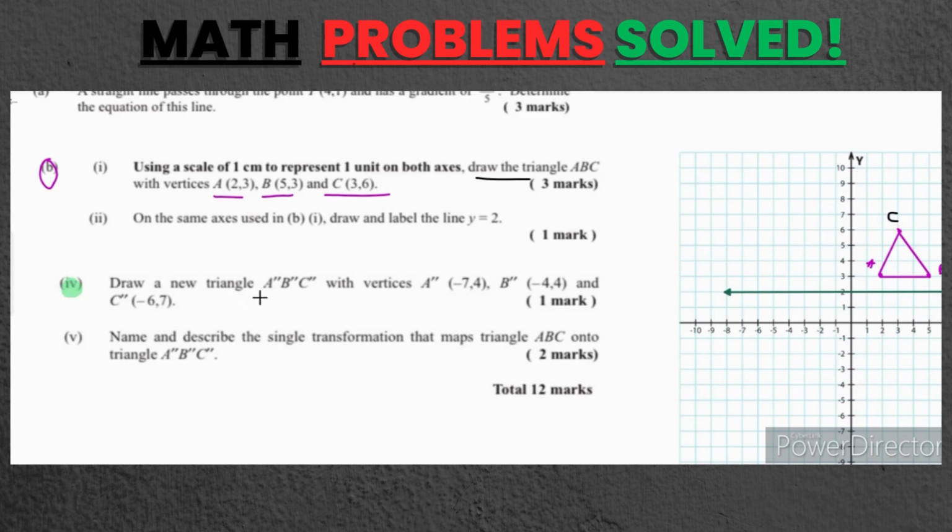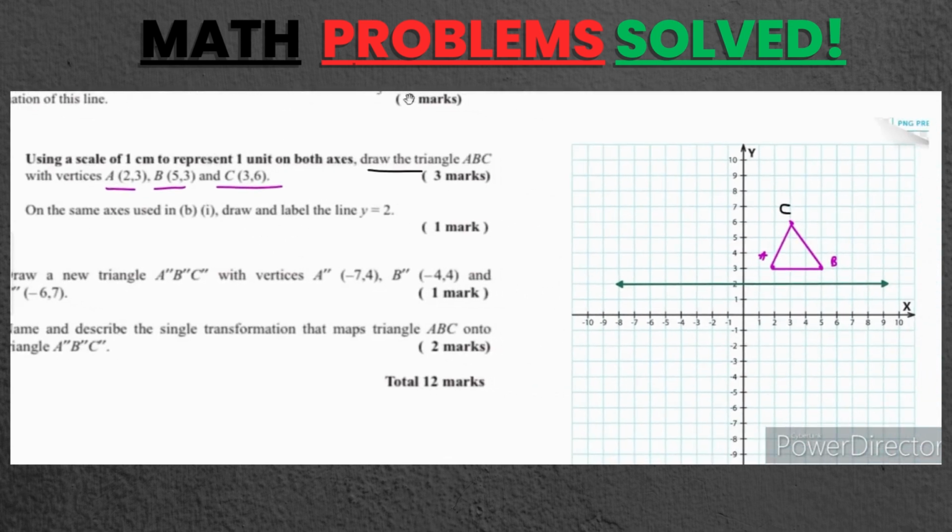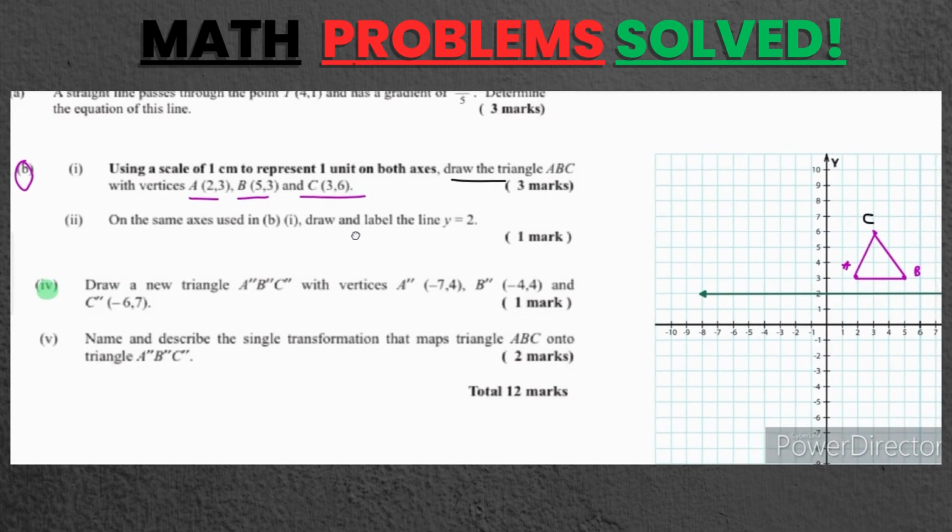Draw a new triangle A', B', C' with vertices A' (-7, 4), B' (-4, 4), and C' (-6, 7). So we have 3 points.